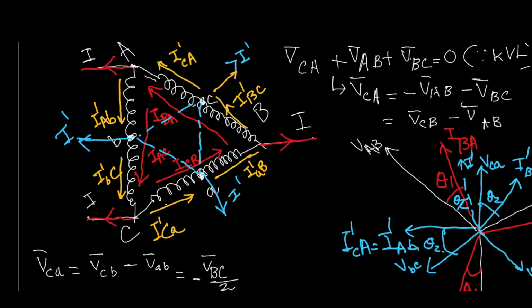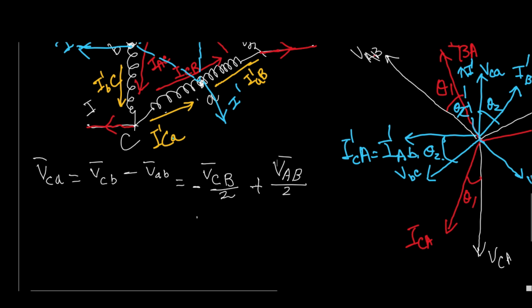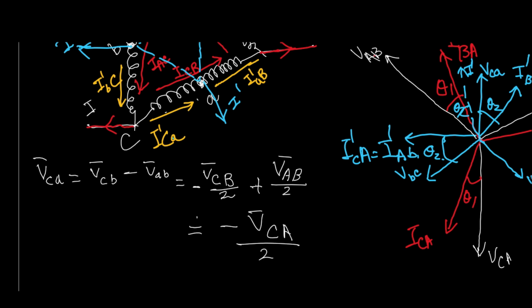V, and the second one, the AB, the way you are measuring here, it is just opposite, so you can write, and that is how we are getting minus capital VCA by 2.